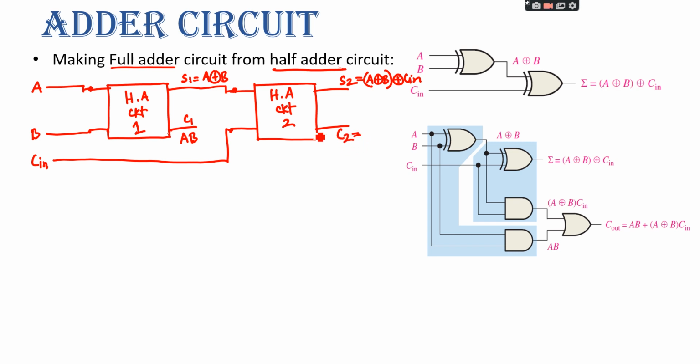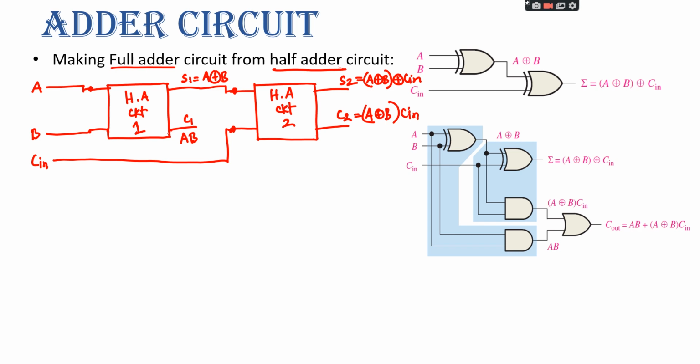C2 should be the multiplication of both inputs, right? So it should be A exclusive OR B multiplied by C in, right? So let me erase this and write it down. Here C2 should be A exclusive OR B multiplied by C in.